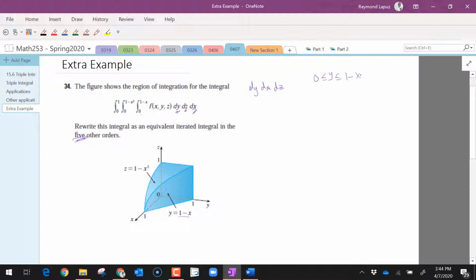Now the idea with setting up limits for triple integrals is that once you have the first variable done, you're left with an x and a z variable. What we want to do is look at the shadow this thing makes on the xz plane. It looks like it crosses here when x is equal to 1, and here when z is equal to 1.